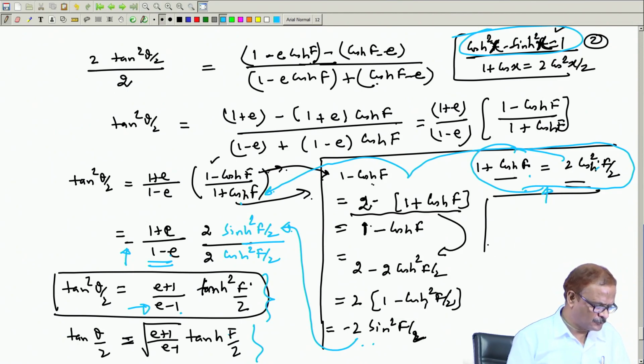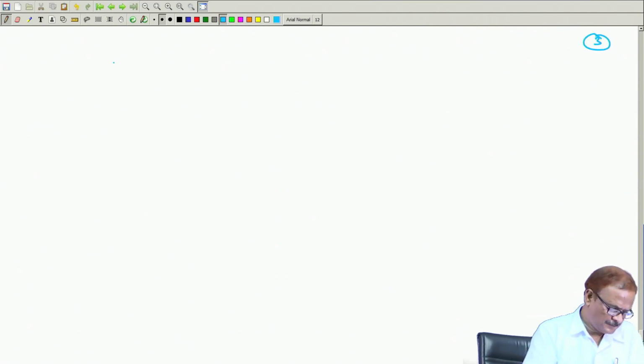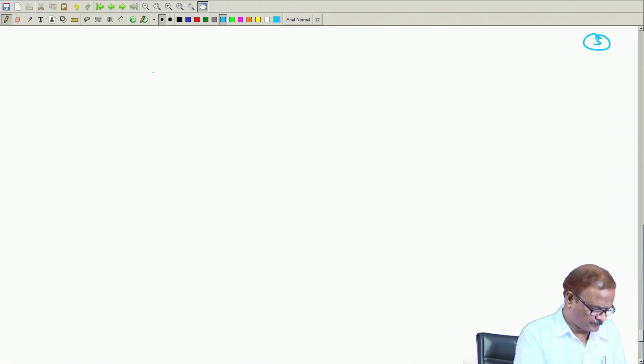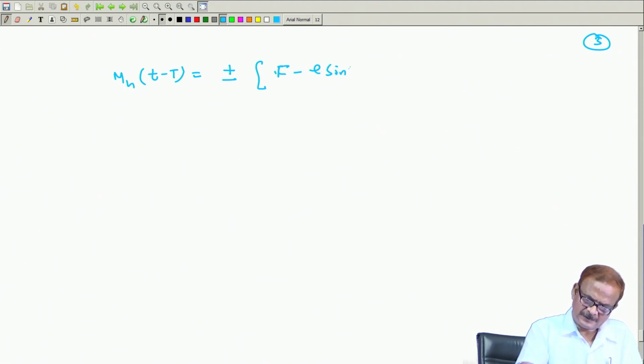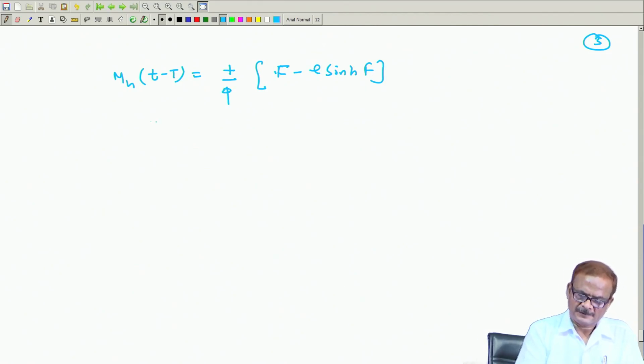Now, one more thing I would like to mention here before we further proceed, that while we derived this equation t minus t times m h, at that time we got plus minus f minus e sin hyperbolic f, and then we selected the minus sign, and thereafter we wrote this as t minus t equal to e sin hyperbolic f minus f.